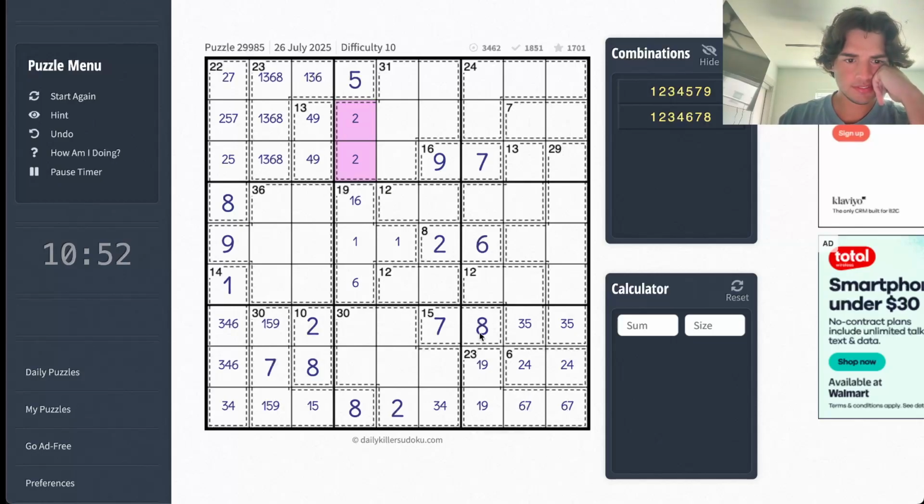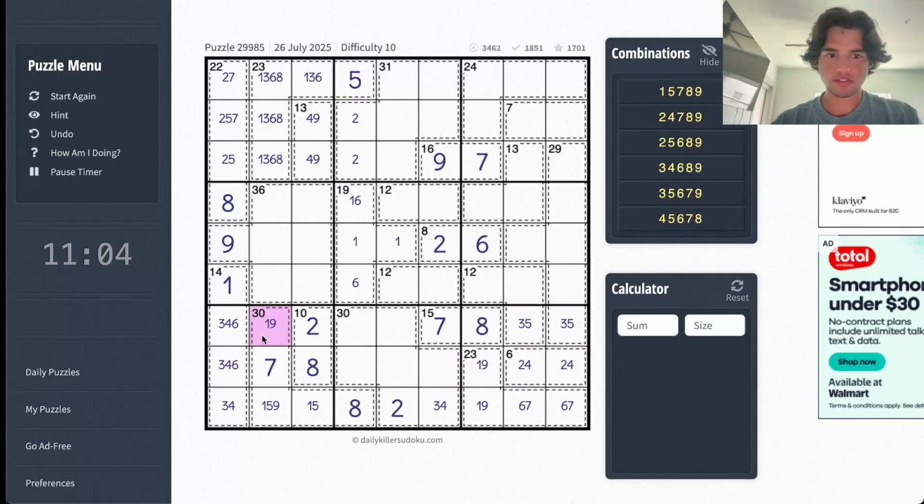And what else? Is there any more Sudoku we can do that would help us out a lot? 4 can't go here. 3, 5. This eliminates the 5 from there and the 3 from there.